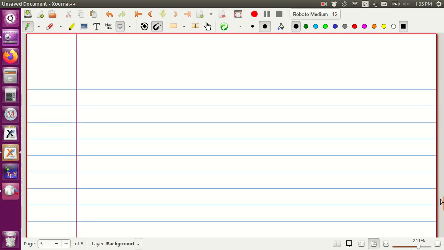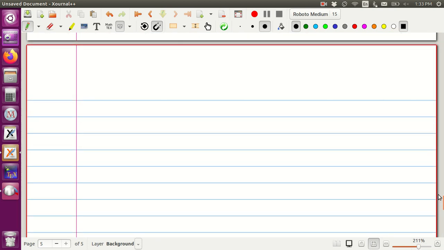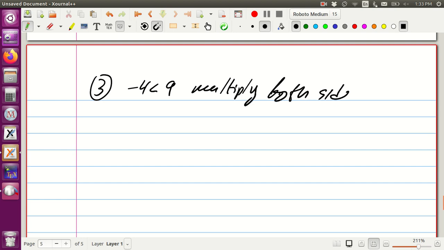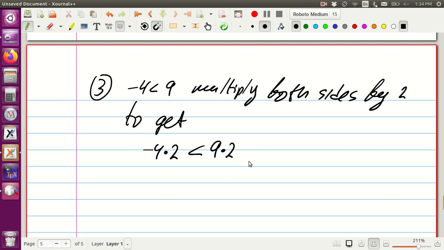All right, so then example number 3 says that if we have -4 less than 9, we can multiply both sides by 2 to get -4 times 2 is less than 9 times 2, and on the left side we get -8 is less than 18.